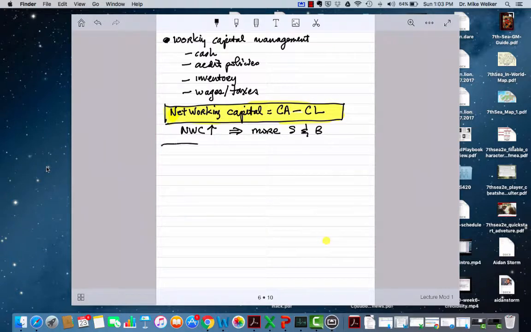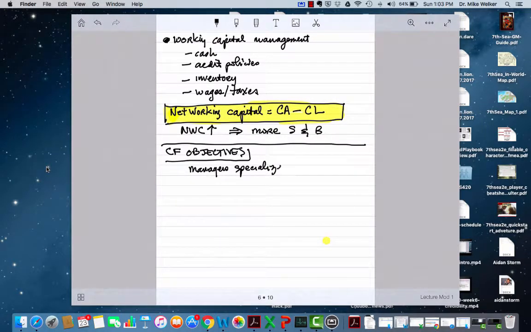The next thing I've noted we should deal with is the objectives, corporate finance objectives. It's key to highlight what's going on now. Managers are agents for the owners of the firm, right? The agents are making decisions for the principals of the firm. Managers specialize in decision making.